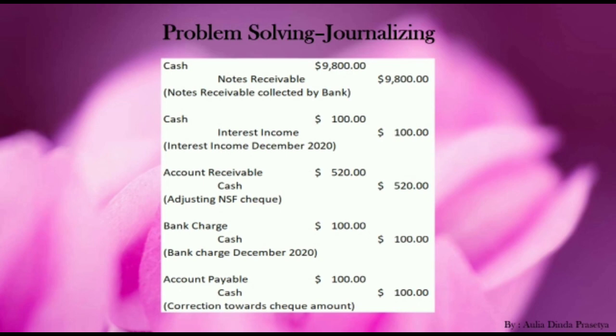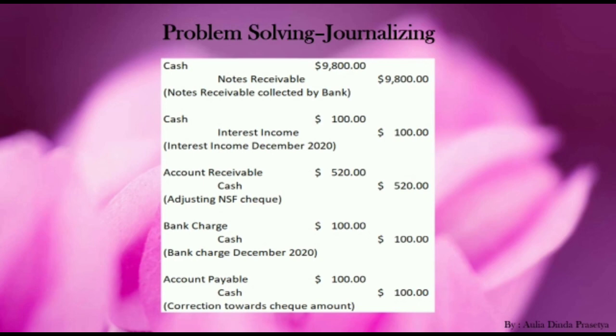So the first journal will be cash to notes receivable amounting to $9,800. It is to record the notes receivable collected by the bank. And the second one is cash to interest income amounting to $100. It is to record the interest income for December 2020.